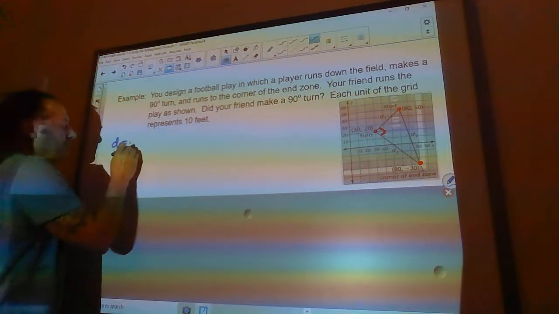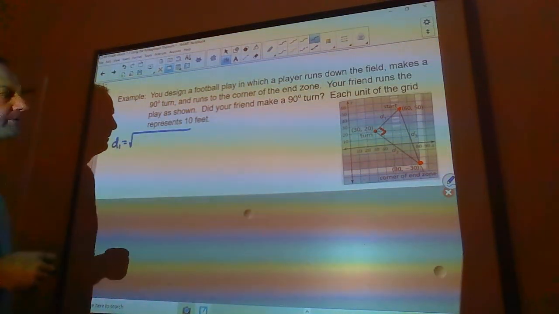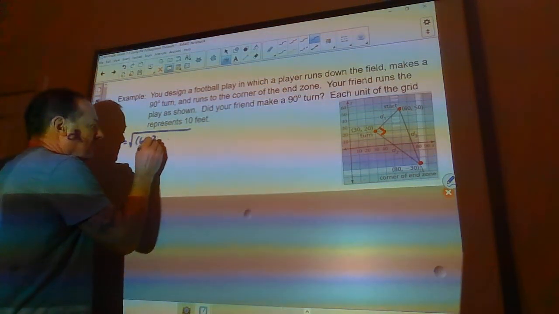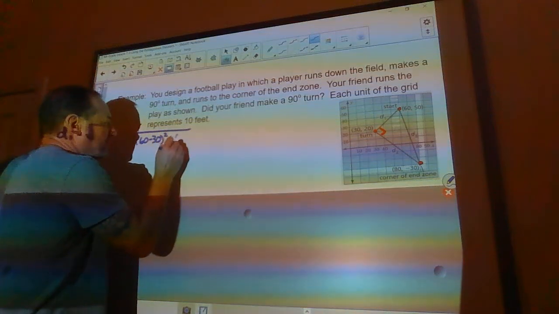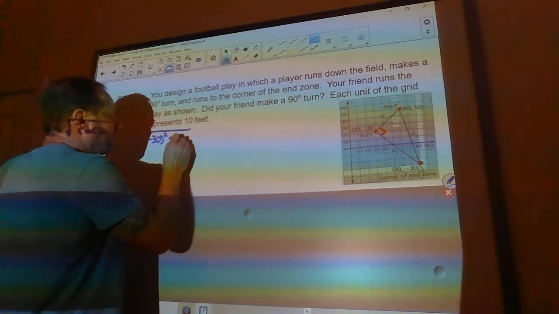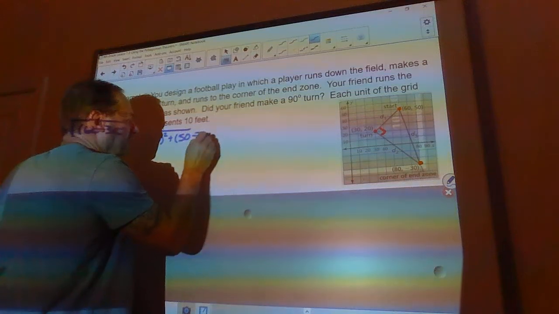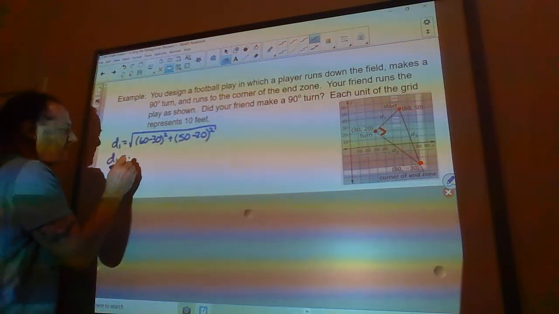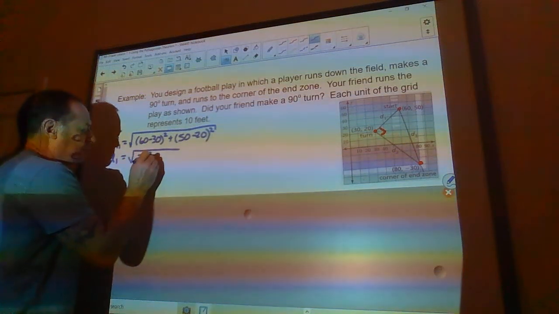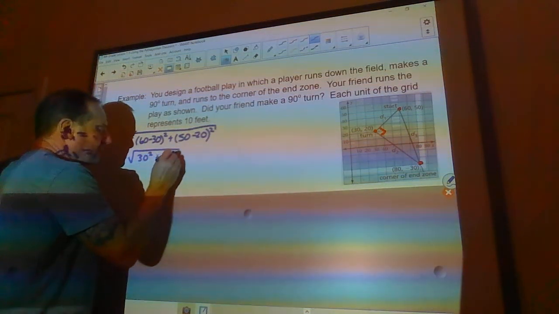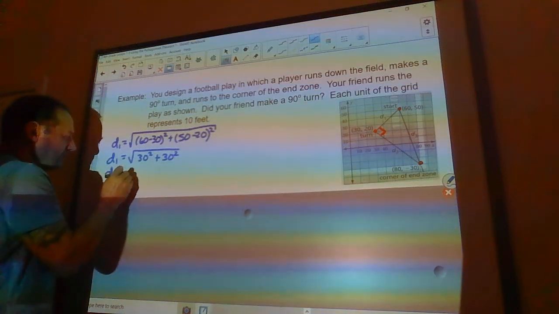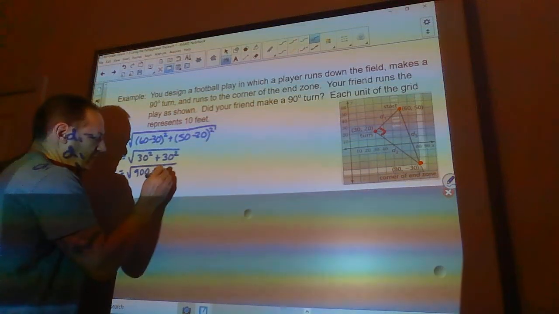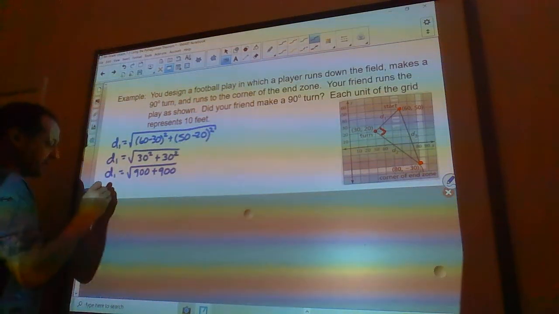Okay, so let's start with distance 1. Distance 1 is going to be the square root of 60 minus 30 squared plus 50 minus 20 squared. Okay, so distance 1 is going to be 30 squared plus 30 squared, which is going to be 900 plus 900, square root of 900 plus 900.